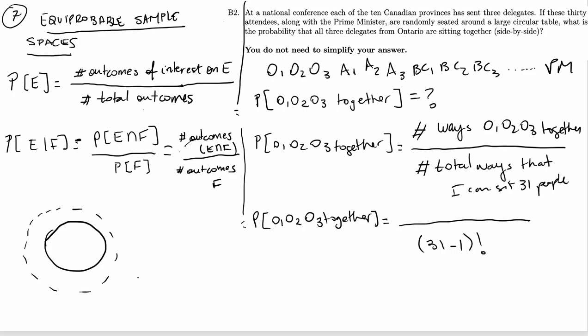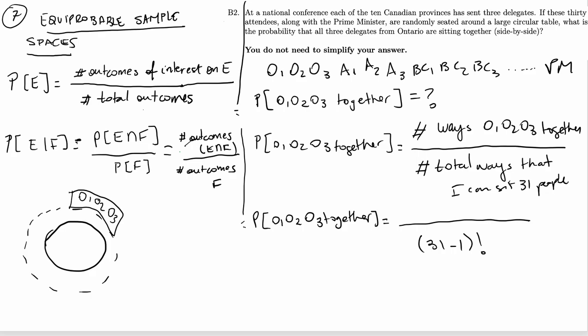I say, okay, Ontarians, glue yourself together and sit somewhere. If I glue 3 of the seats together, like Ontario 1, Ontario 2, Ontario 3, they're glued together.